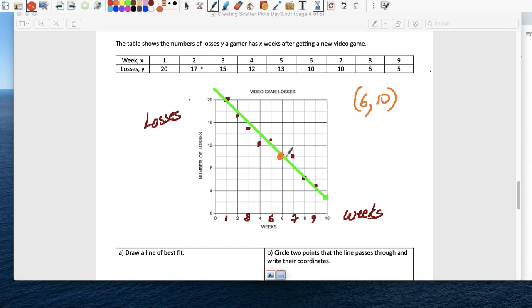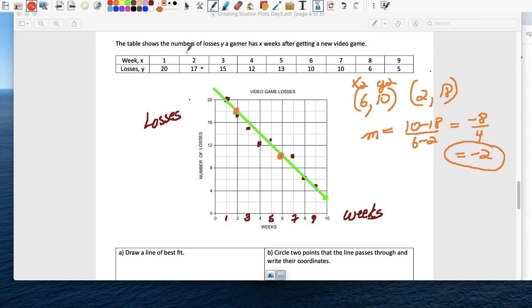Let me pick another point that's on the line, and it looks like I can choose 2 and 18. So this will be my x2, y2. My slope looks like 10 minus 18 over 6 minus 2, which is negative 8 over 4, so my slope is negative 2.